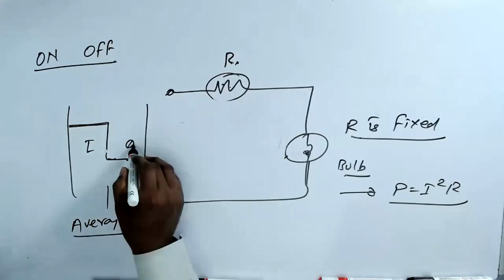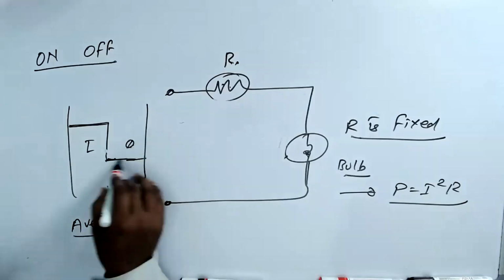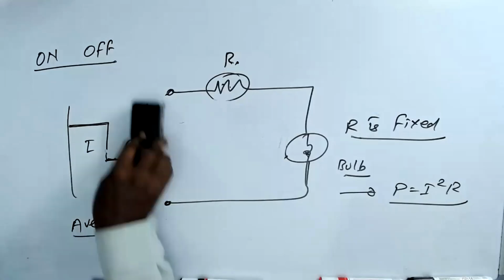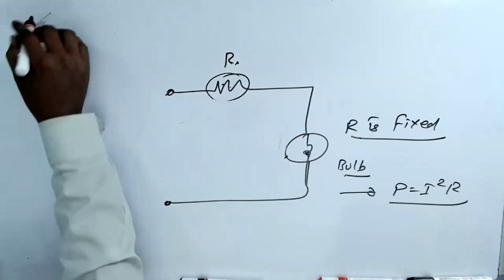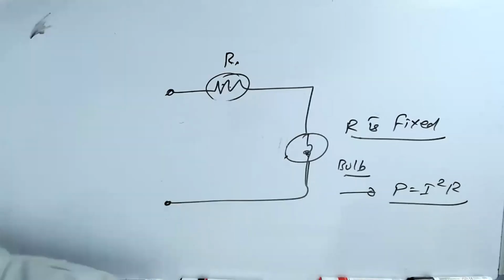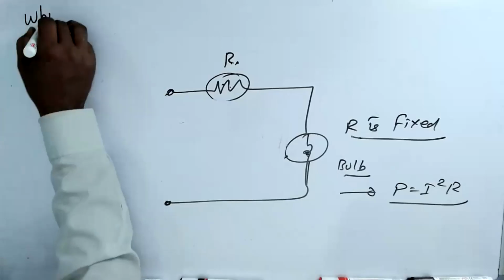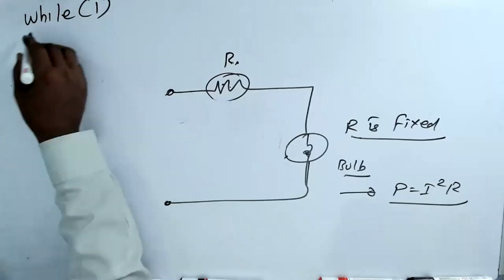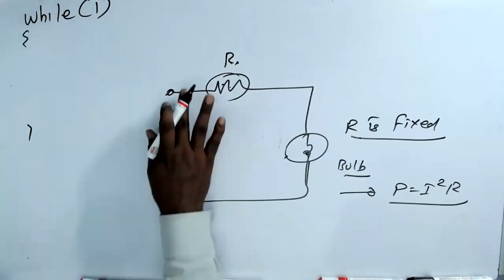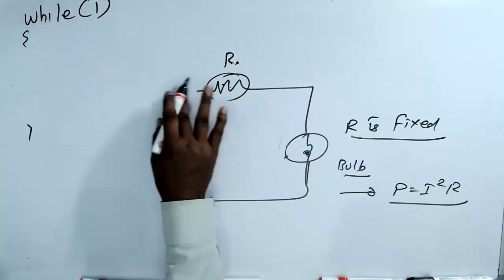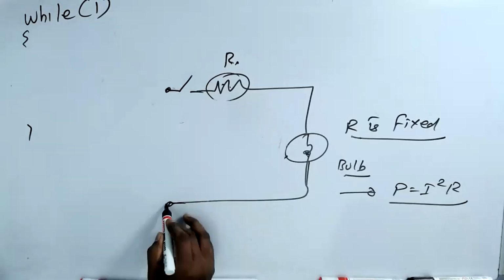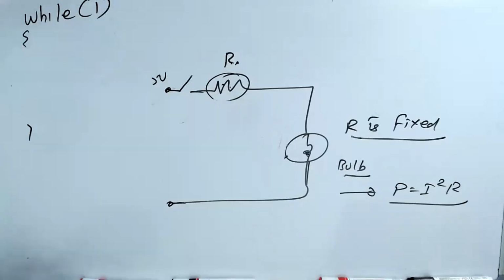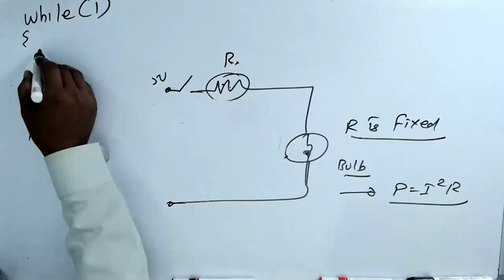Let us assume that I have a switch here. That is what you're doing, by writing a program, while one. By doing this program while one, star out equal to 1, delay.